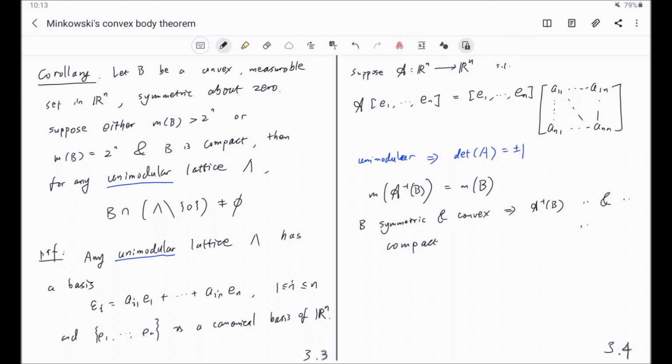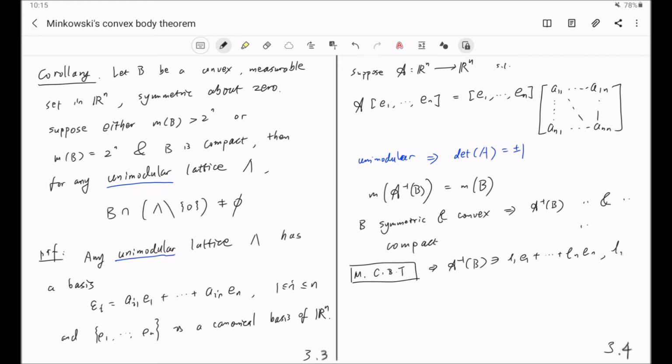And now we are ready to use Minkowski's convex body theorem, which tells you that A inverse of B contains an integral vector, say l1 multiple of e1 plus ln multiple of en.